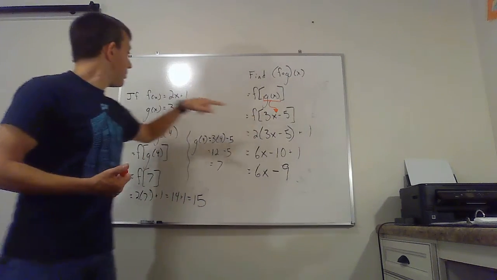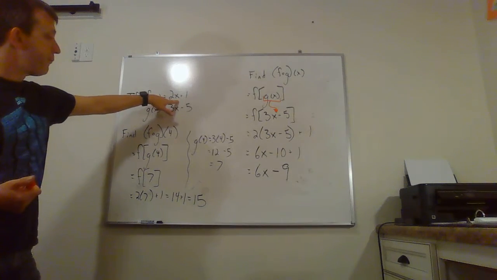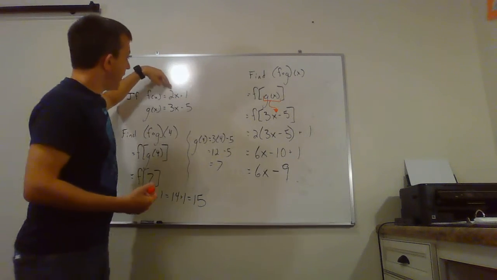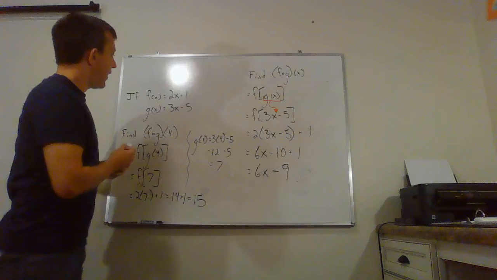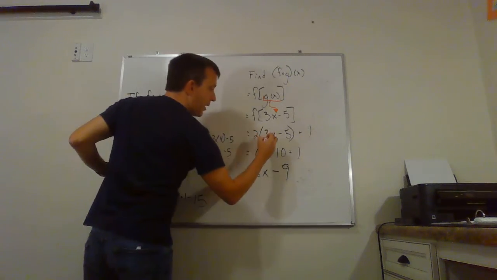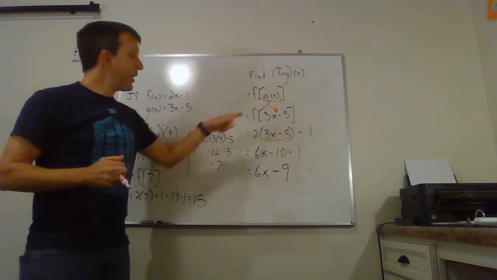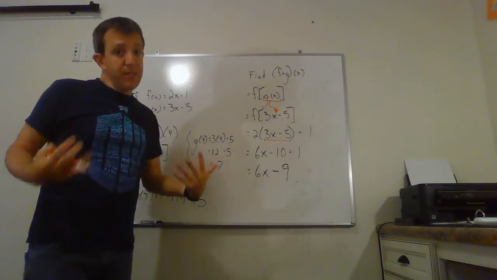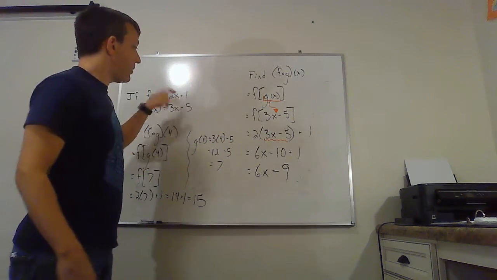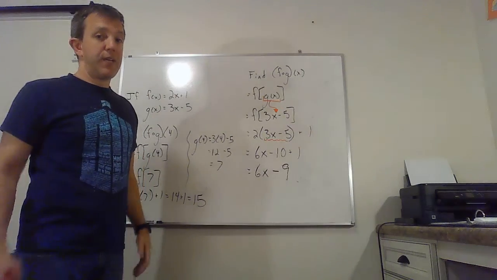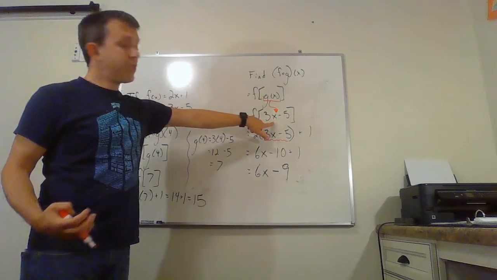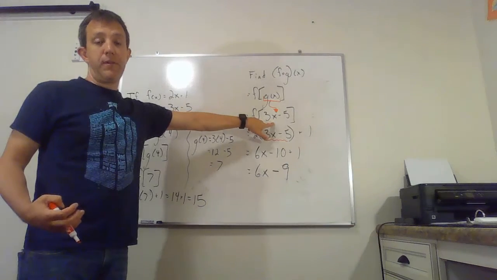Then that rule gets plugged into f. So instead of having 2 times x plus 1, I have 2 times the 3x minus 5, and then plus 1. The thing on the inside, this 3x minus 5, takes the place of the x. So again, I take the rule for g, and it goes into f.